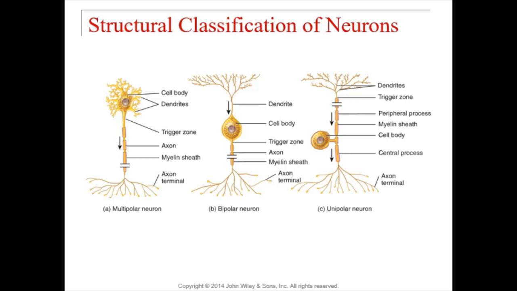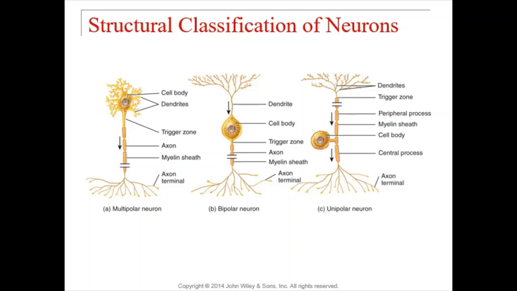That is a bipolar neuron. Then the last type of neuron structural class is what we call a unipolar or pseudo-unipolar neuron. This one's kind of tricky. When you look at the image, it looks like there is no real axon or dendrite. It's because it's not. By definition, a unipolar neuron has the axon and dendrite fuse into one long extension.